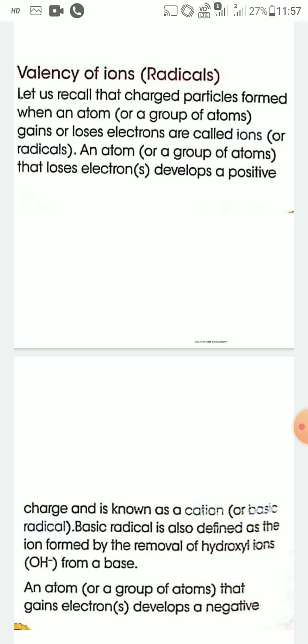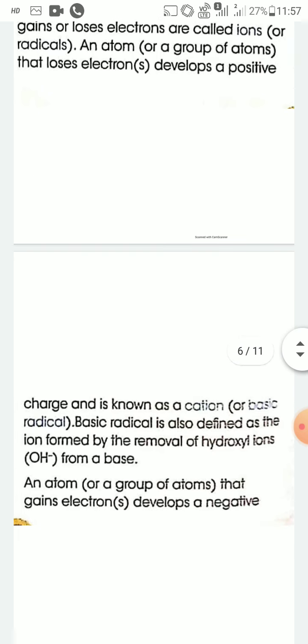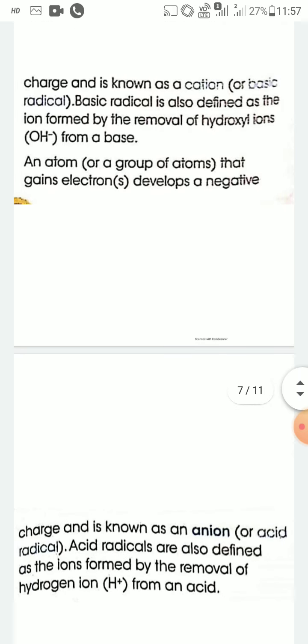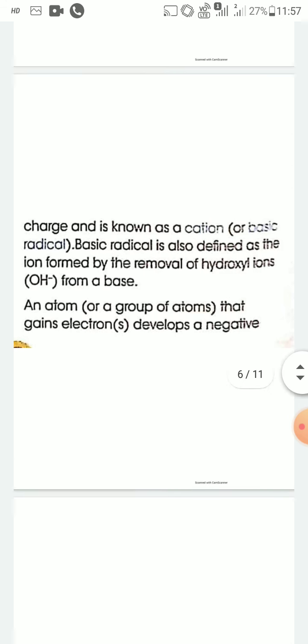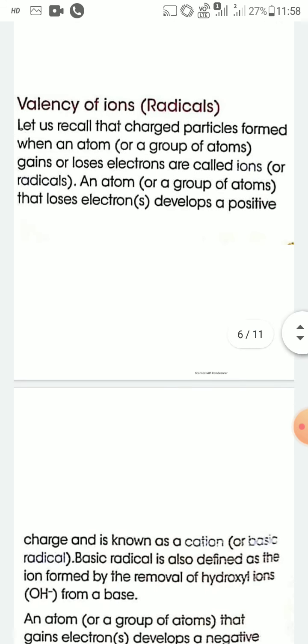Ions are formed when atoms or groups of atoms gain or lose electrons. Positively charged ions are called cations or basic radicals, and negatively charged ions are called anions or acid radicals.